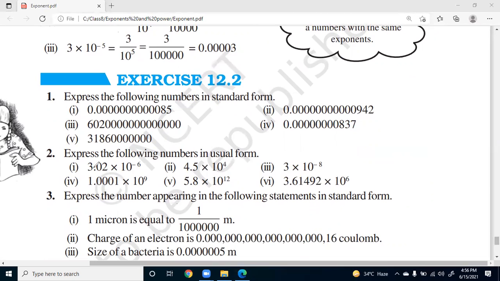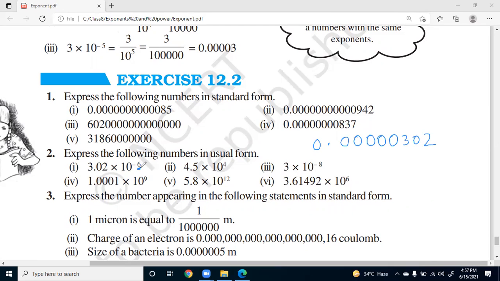So like if it is 3.02 into 10 raised to the power minus 6, we need to move in the left direction and we need to move 6 digits. So it is 0 point. If I move 3, this will be 1 digit. Then I require 5 zeros: 1, 2, 3, 4, 5. 302. So this is my usual form.